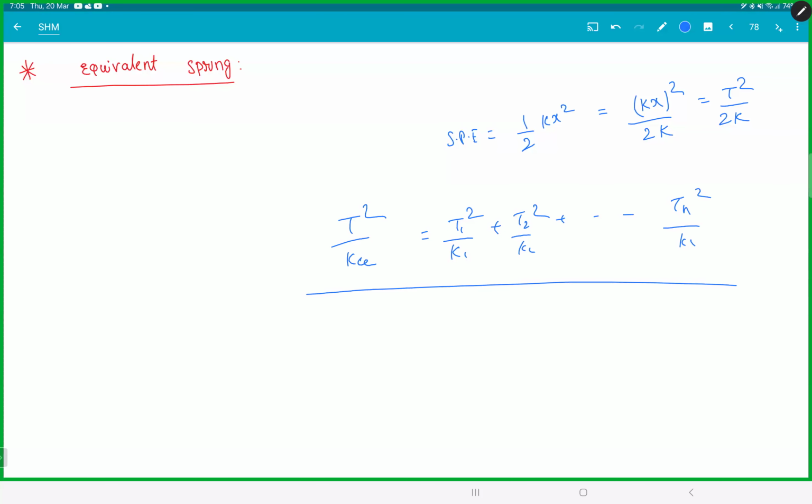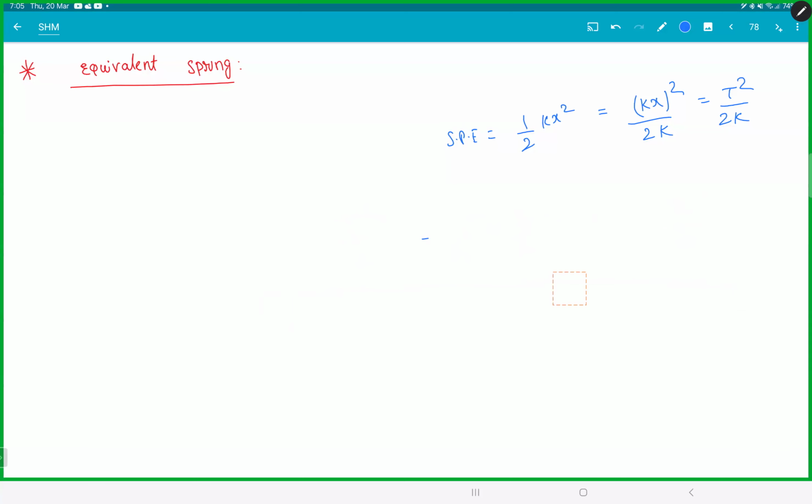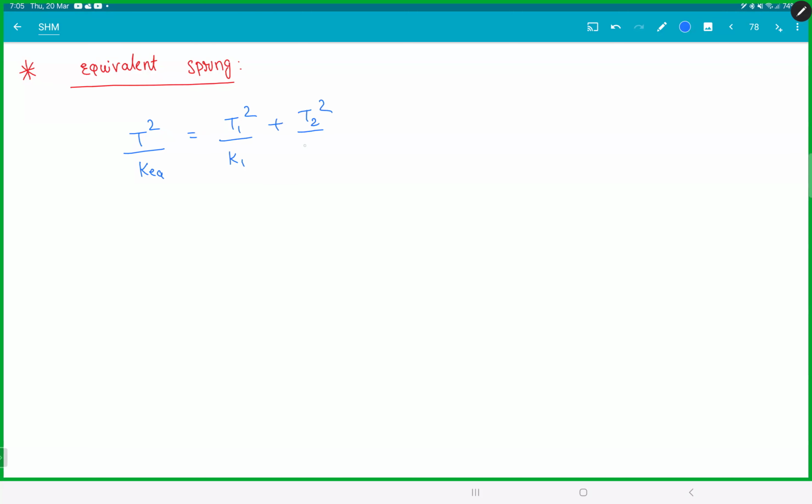The total energy stored in that equivalent spring must be equal to the energy stored in all the springs. Does that sentence make sense? So this actually comes from conservation of energy, right? The proof is not really that important. So this is the result that you'll get: T squared by K equivalent equals T1 squared by K1, plus T2 squared by K2, and so on.